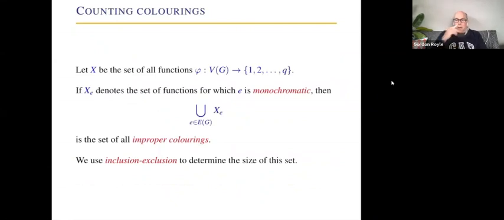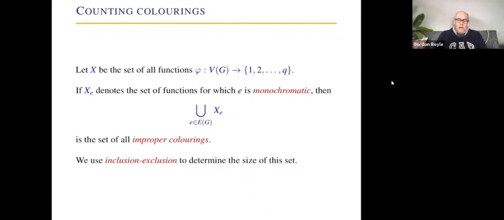Okay, I want to describe another way of counting the colorings of a graph. This is not a practical way of counting the colorings, but it's a way in which we can theoretically calculate the chromatic polynomials for certain families of graphs in a relatively easy way.